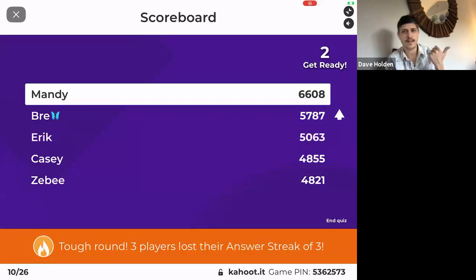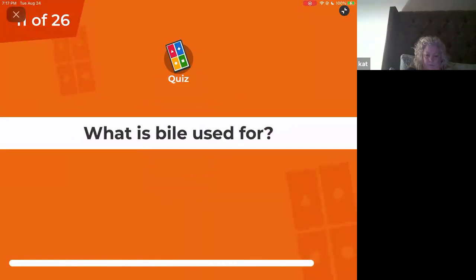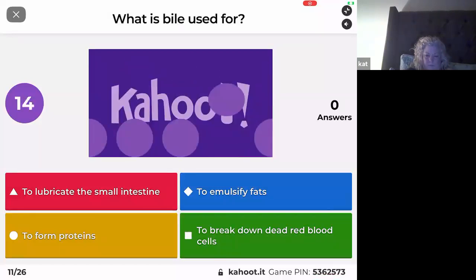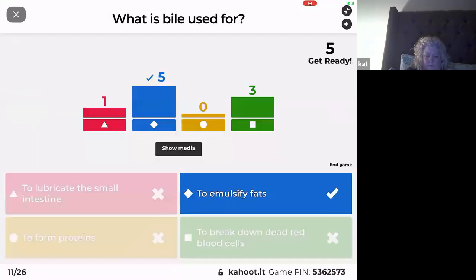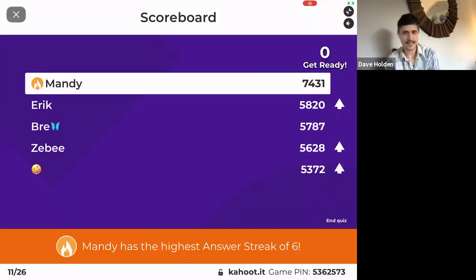That's why you got to get a colonoscopy after 50, because once you hit 50, your rates go up. Oh my gosh. Bile is produced by the liver to break down fats.